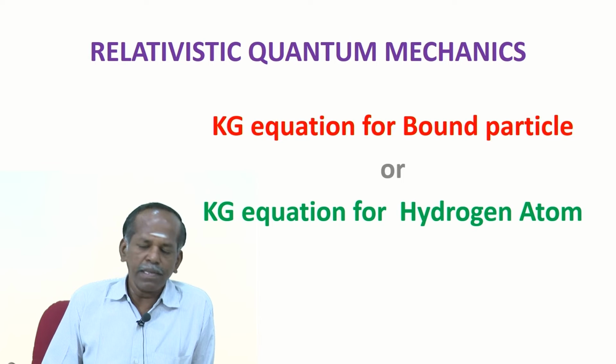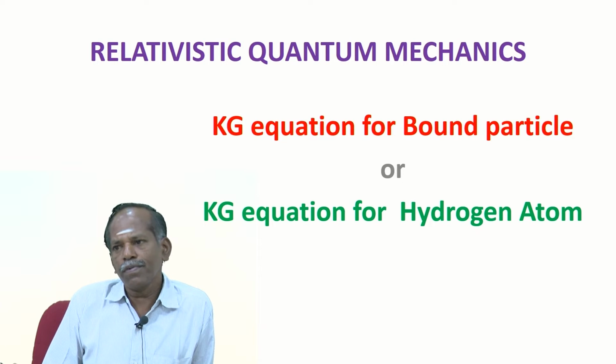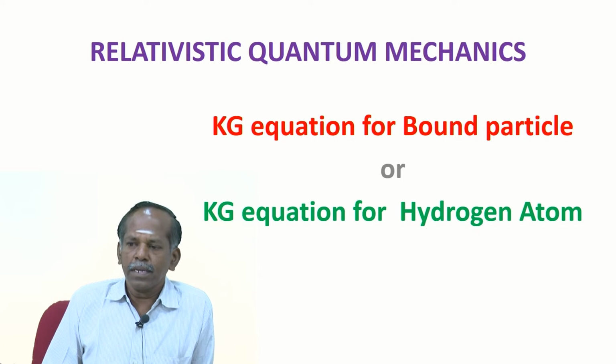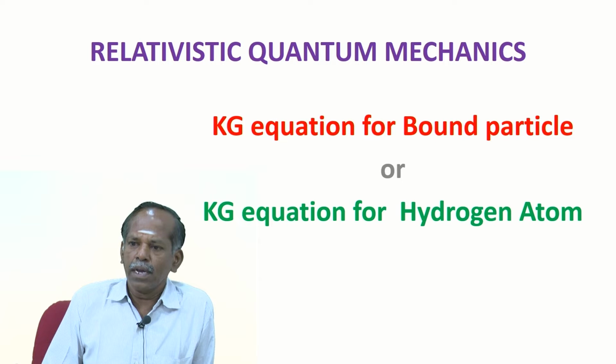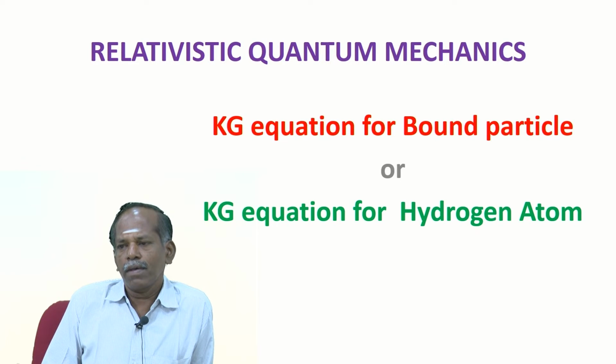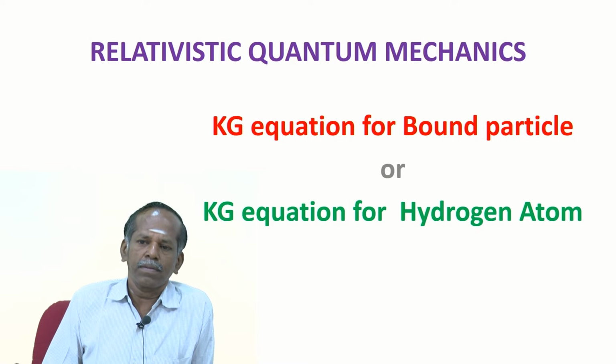When the quantum parameters were substituted in the relativistic classical mechanical equation, that equation changed into a relativistic quantum mechanical equation. These are the two steps proposed by Schrödinger, and he got an equation. That equation has two major difficulties.